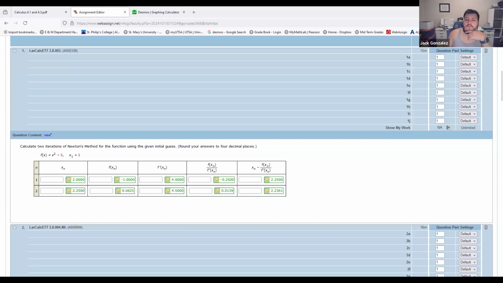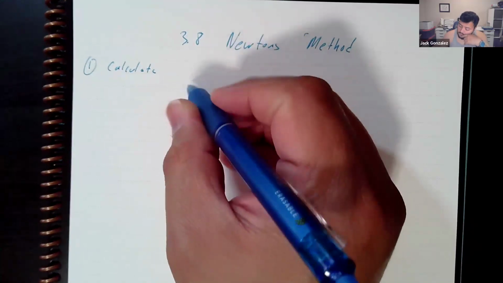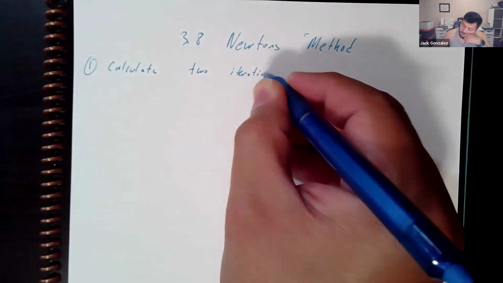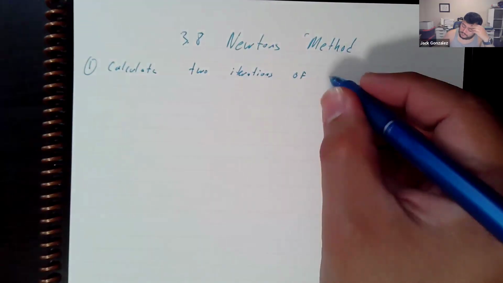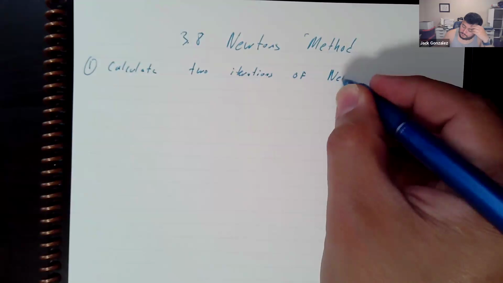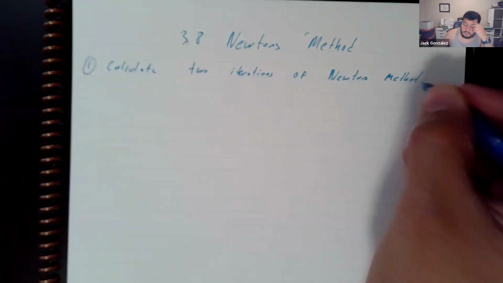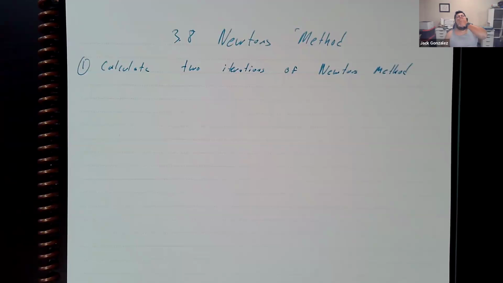Switch over. I've calculated 2 iterations of Newton's method. Oh, excuse me.